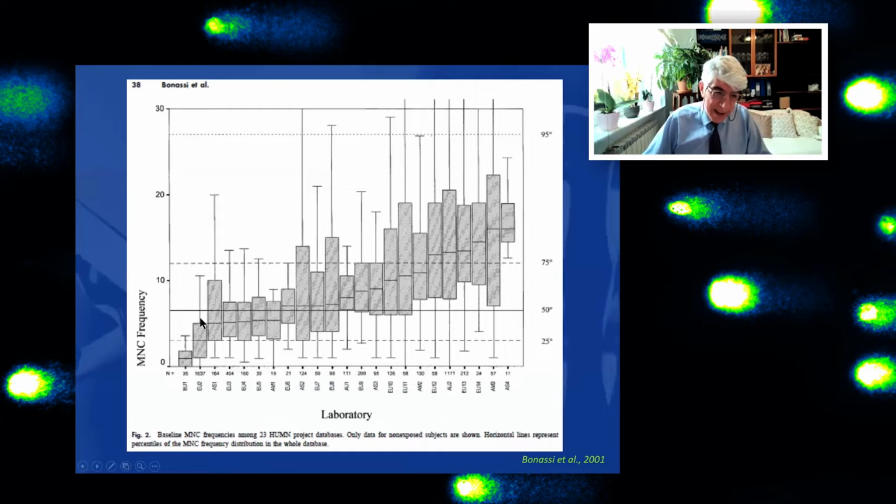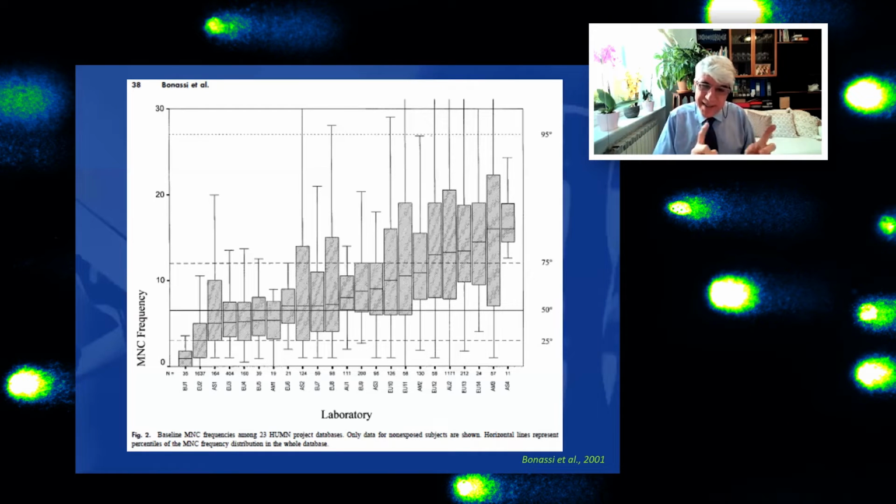You see that there are laboratories scoring maybe 2 per thousand, 1 per thousand micronuclei, and others reporting 15 micronuclei per 1,000 cells, which means an order of magnitude, 10 times more. So there's a huge variability.